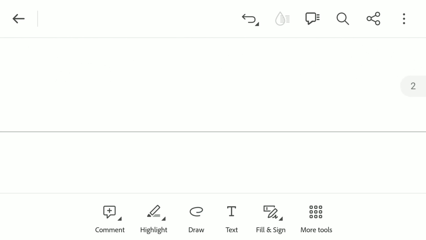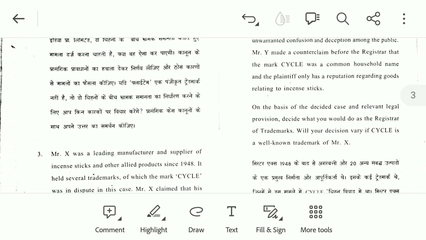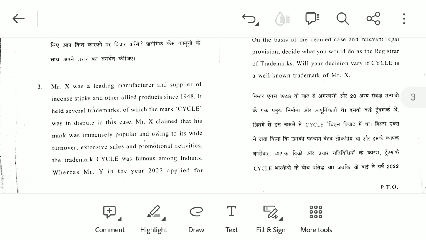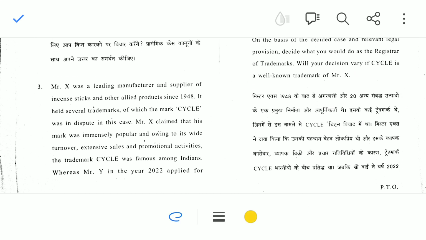Question number 3. Mr. X was a leading manufacturer and supplier of incense sticks and other allied products since 1948. It held several trademarks, of which the mark Cycle was in dispute.